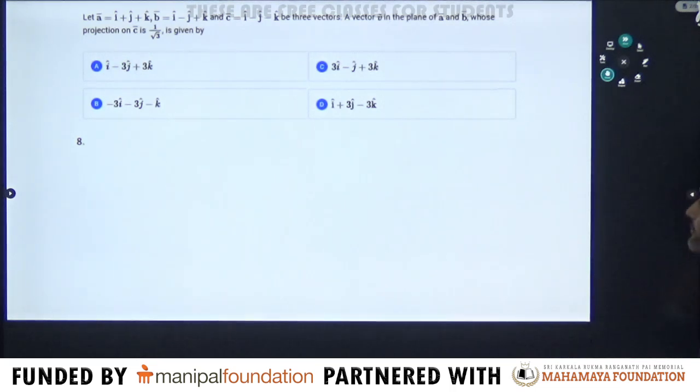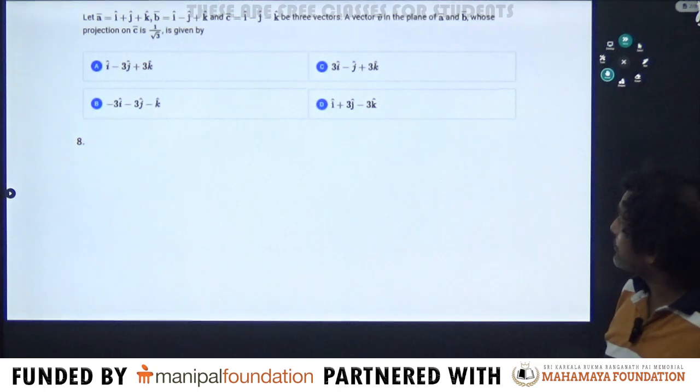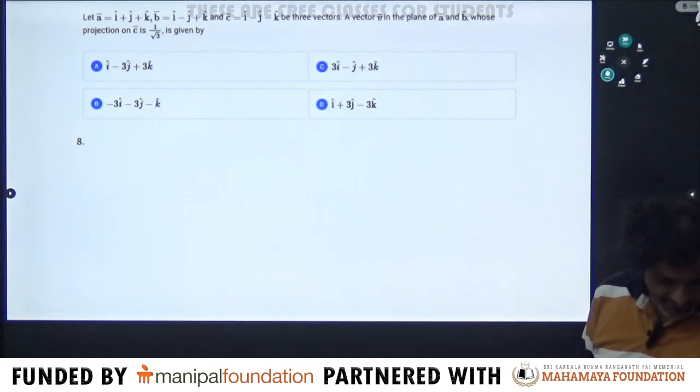Yeah, seventh one, check. Okay, a vector v which is in the plane of a and b and its projection on c is given. Okay, so you have to see how to do it. Fine.